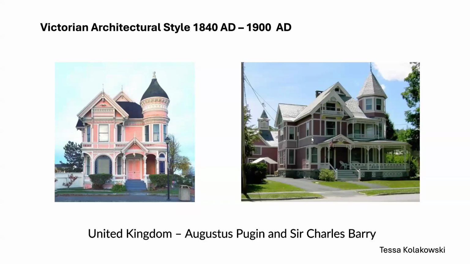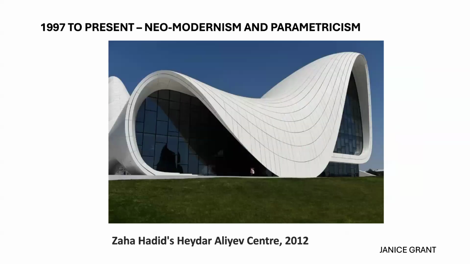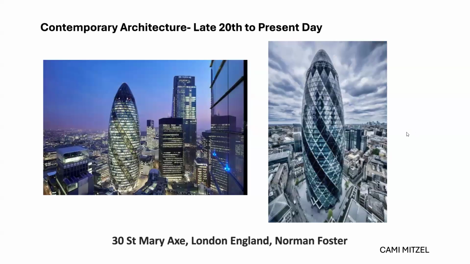Victorian, mostly Queen Anne is a part of that, and we'll look at some of those details as well. Gothic revival, and then this is like those new Zaha Hadid designs that are more organic and modern. Contemporary architecture over here.